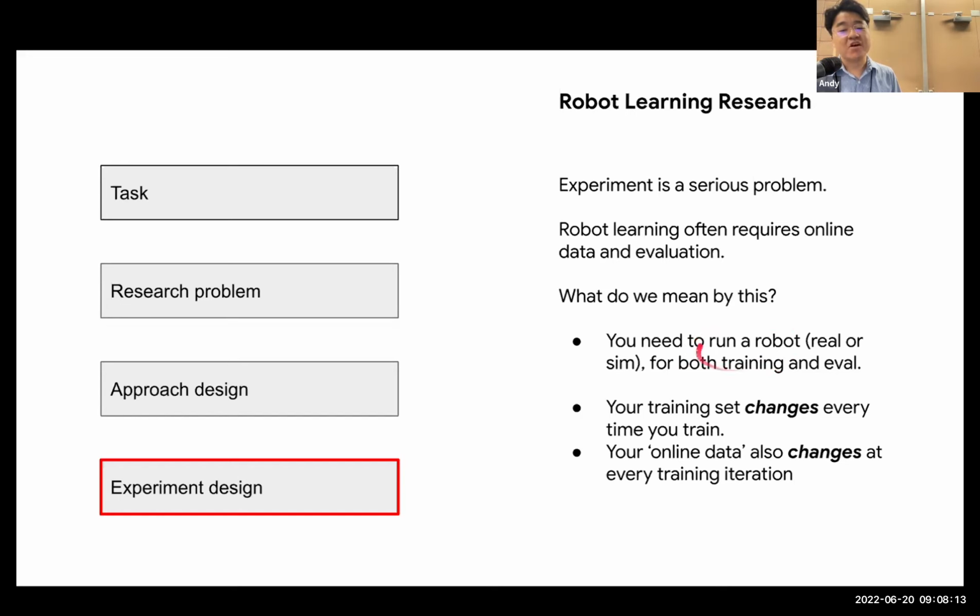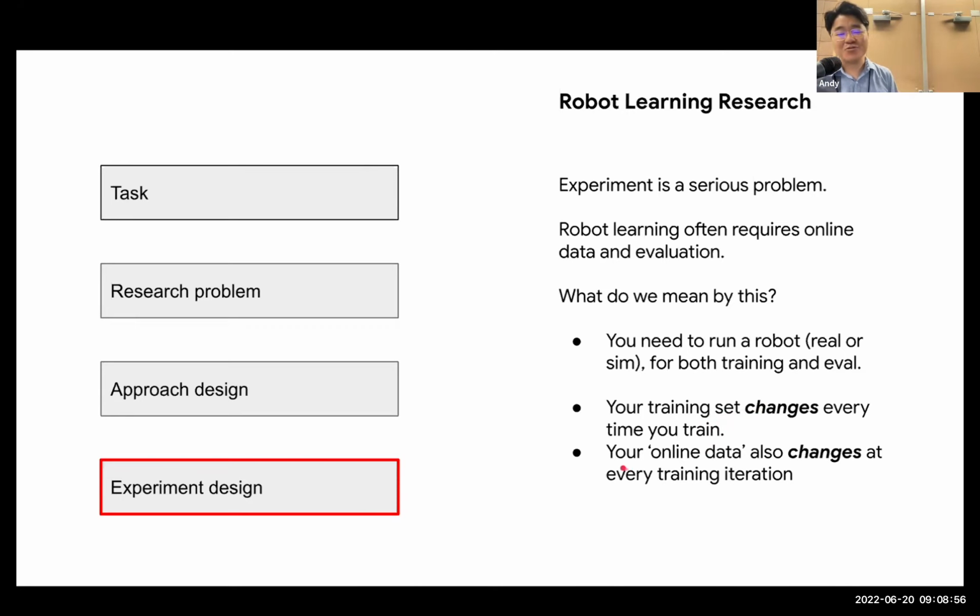Well, once we run the robot, there are things that happen. Your training set is essentially obtaining online data, meaning that what you use for your training changes every time you train. So based on different random seeds, when you initiate the training, the data you will be obtaining on its way will always differ. And it's more like you are training your computer vision model every time with slightly different data set, and you are still expecting the accuracy, the final result, to be stable, which is not really.